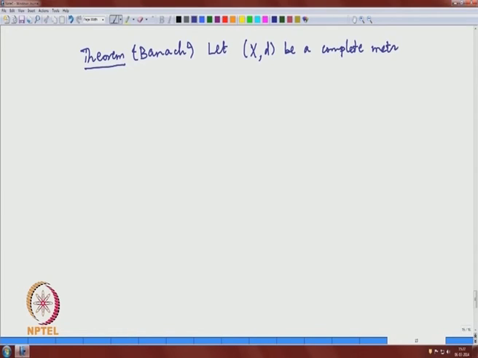Without completeness, the conclusion of this theorem may be false. And let T, a mapping from X into X itself, be a contraction.